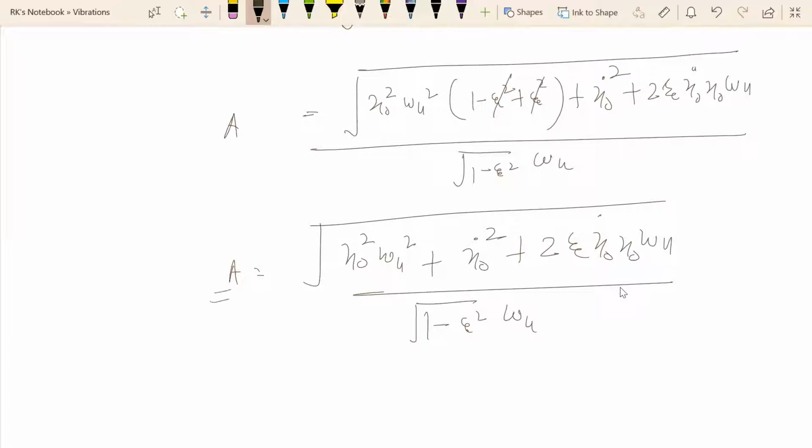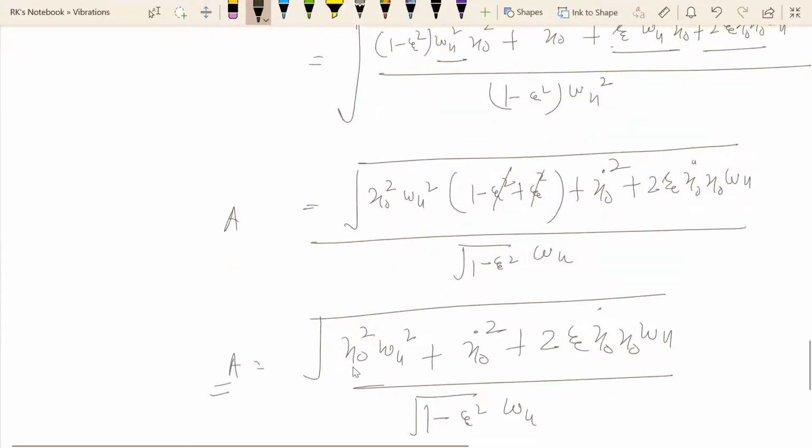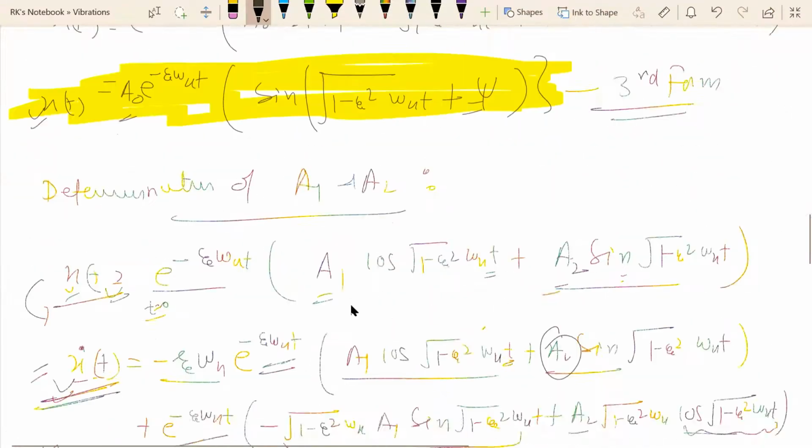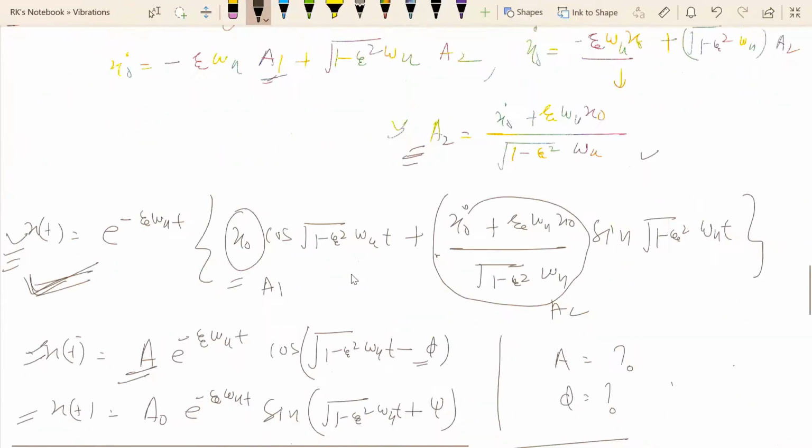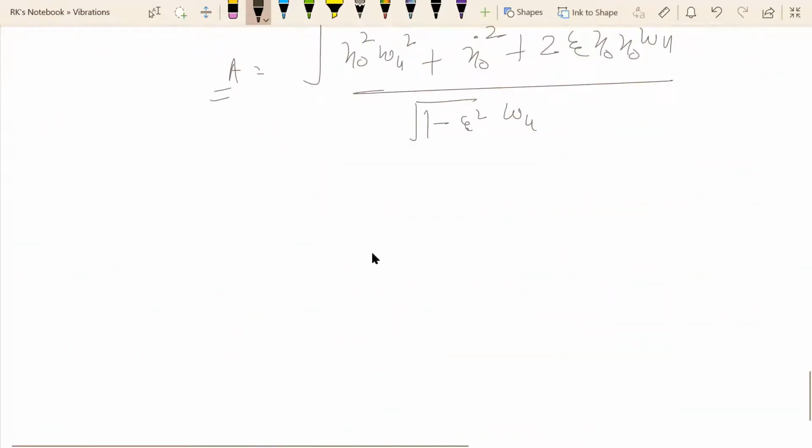So this is A. And phi, as we know, is given as tan inverse A2 over A1. So we can find phi. Tan inverse of A2, which is x naught dot plus zeta omega n x naught divided by square root of 1 minus zeta squared times omega n, and A2 divided by A1, so this is divided by x naught.